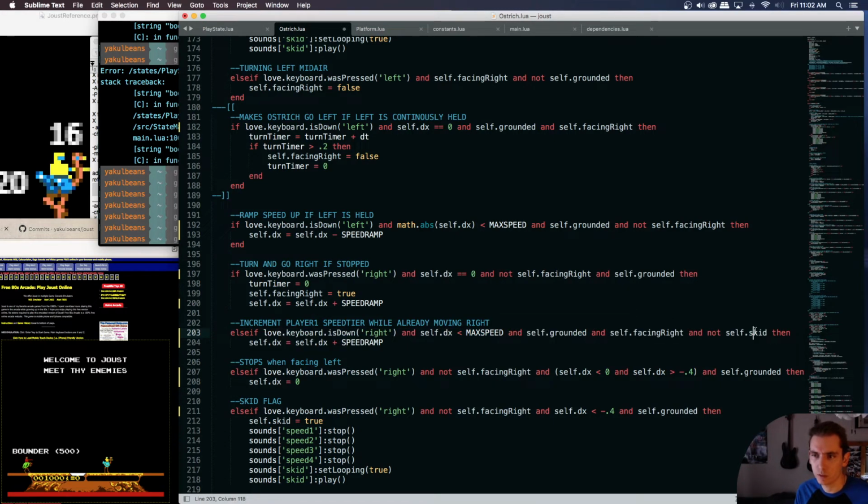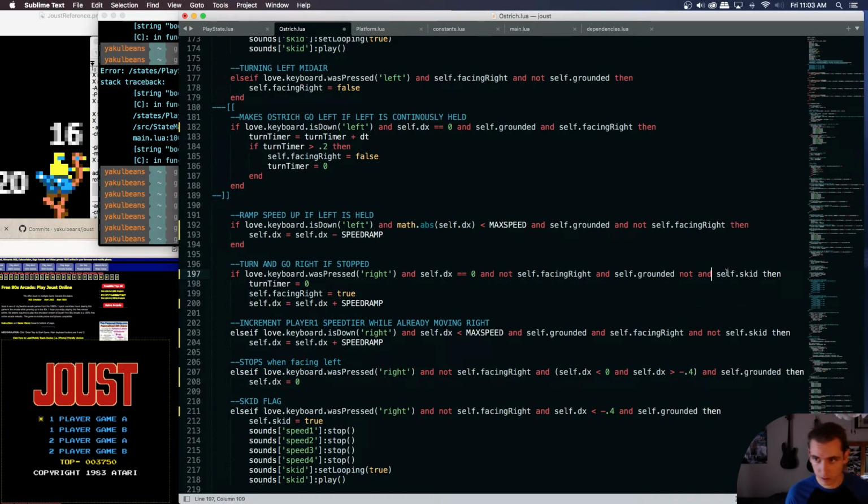Oh, see, so no, yeah, I added the not self skid, so maybe I just need to add another not self skid on this one too. Like, only increment if you're not skidding, you know. And not self skid.